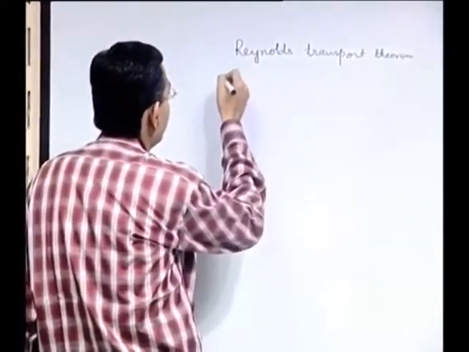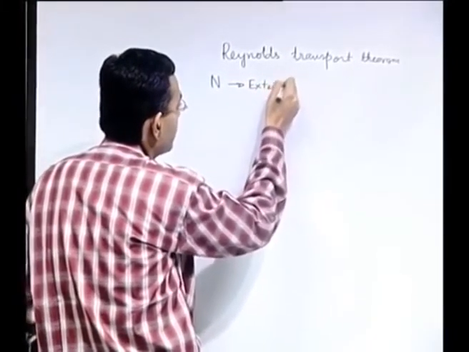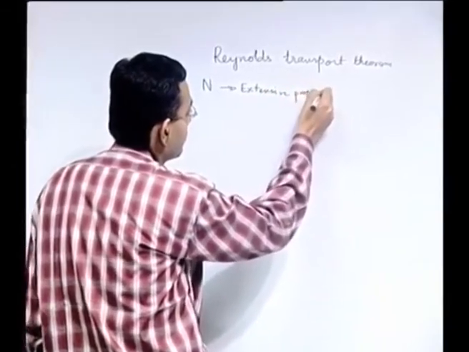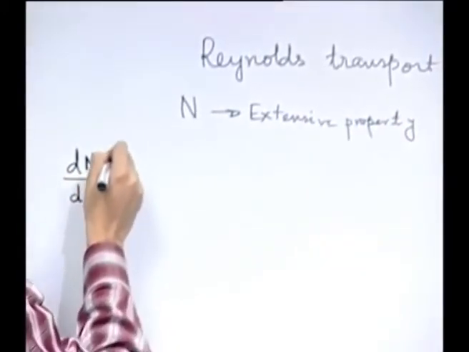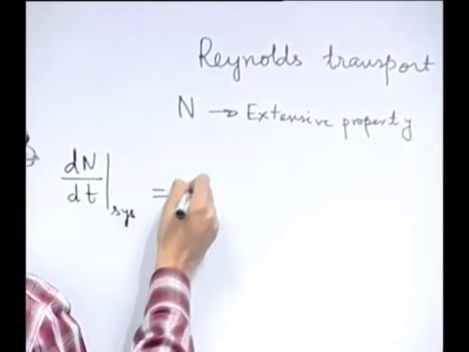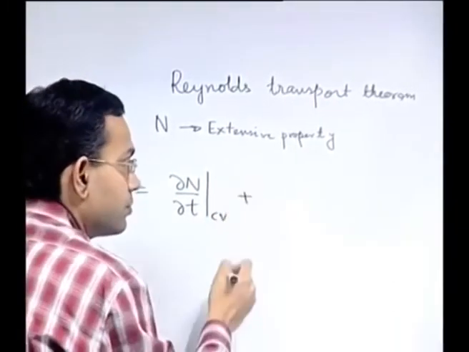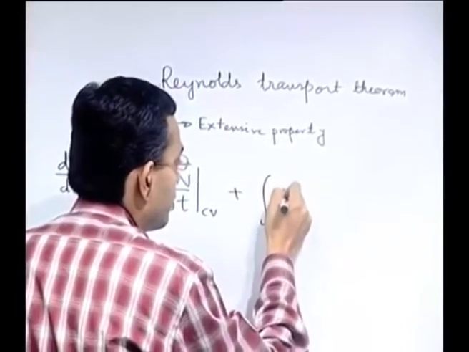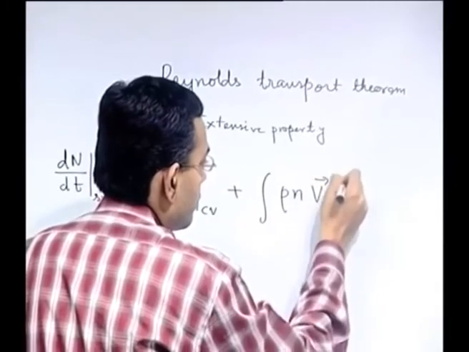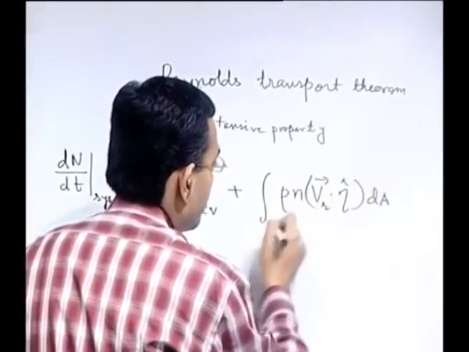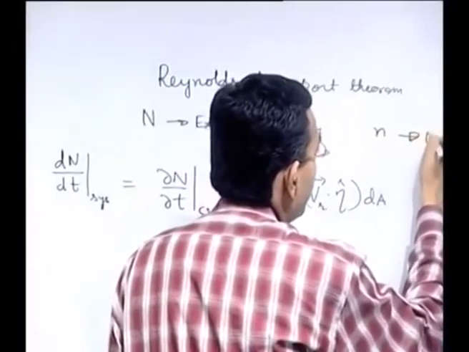So, if capital N is an extensive property, then we can write, and small n is the capital N per unit mass.